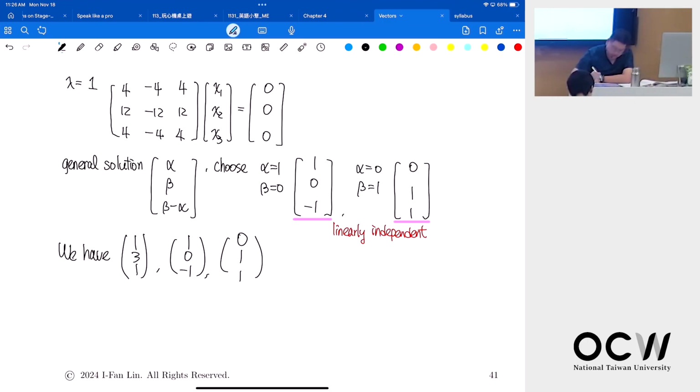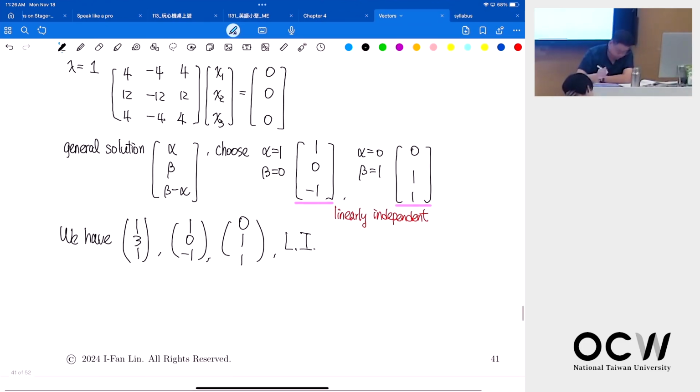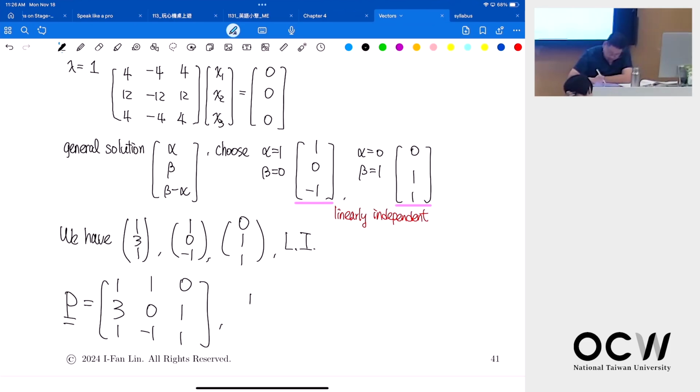Those three are linearly independent. So my matrix P is 1, 3, 1, 1, 0, minus 1, 0, 1, 1. And then P inverse AP.